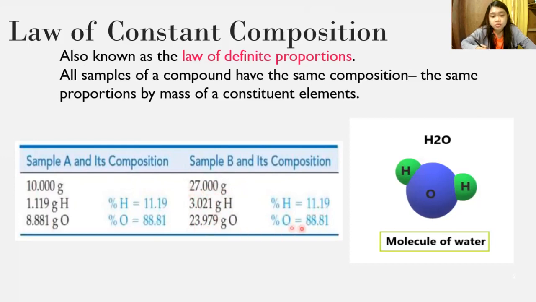And also for oxygen, we still have 88.81%. So this claims that chemical compounds are formed in constant, defined ratios of elements as determined by their mass proportions. That's the law of constant composition.